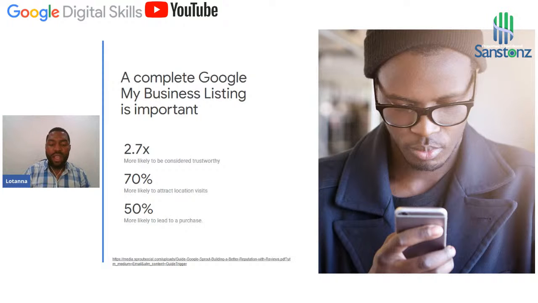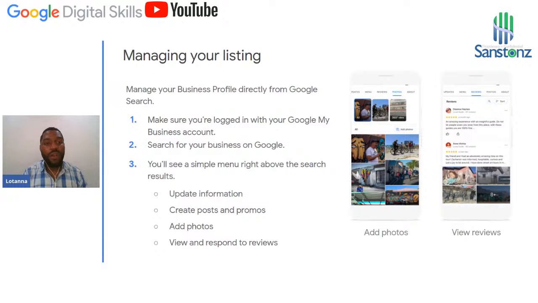The wonder of Google My Business is that it keeps analytics of how people are finding your business, even down to how they got to your business. It can tell you the number of persons that clicked on get directions and then got to your business. And then it makes you 50% more likely to lead to a purchase, because of trust, because your business is trusted. That is the beauty of Google My Business.